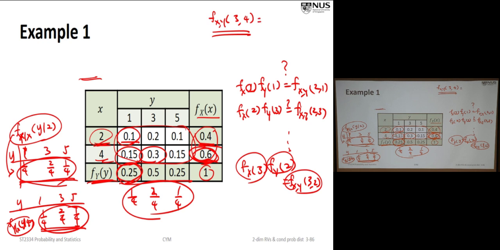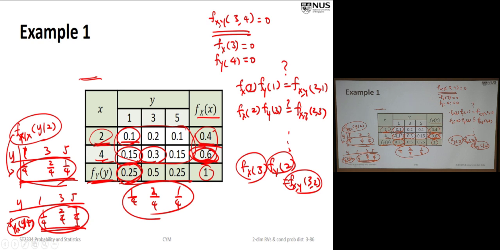So x equal to 3 is not here. Y equal to 4 is not here. So this is 0. All right. On the other hand, what is f of x at 3? So x takes the value 2 with probability 0.4, takes the value 4 with probability 0.6. Therefore, this is also 0. So f of y, evaluated at 4, similarly, is also 0.